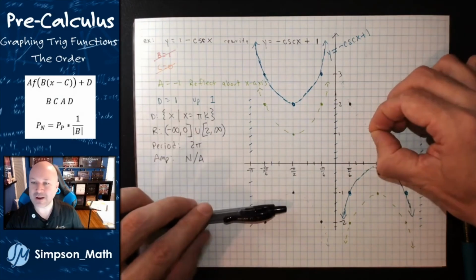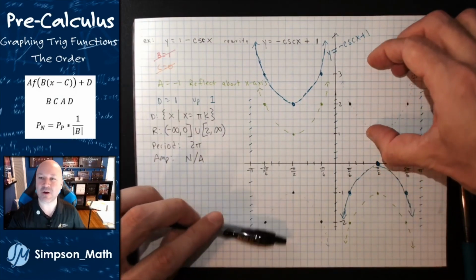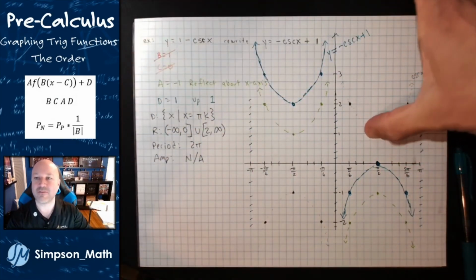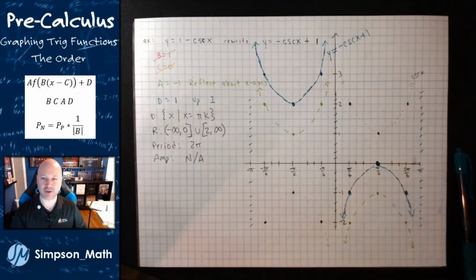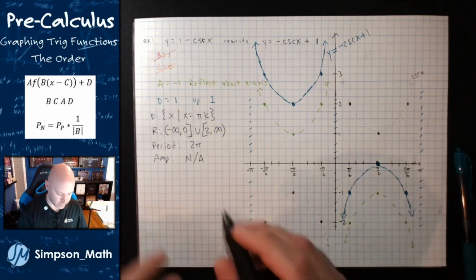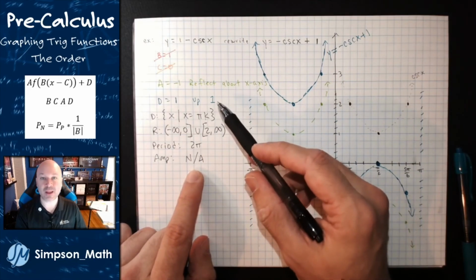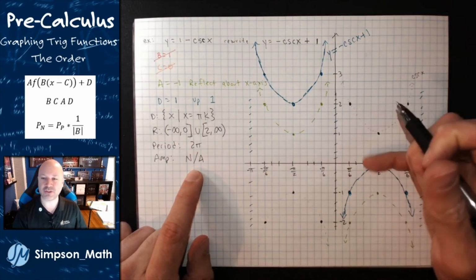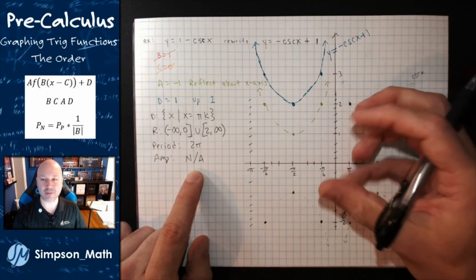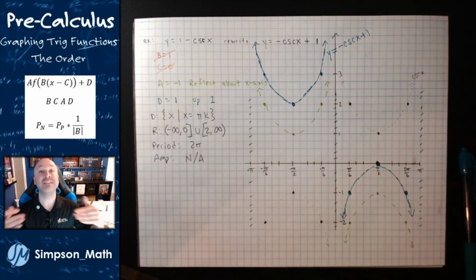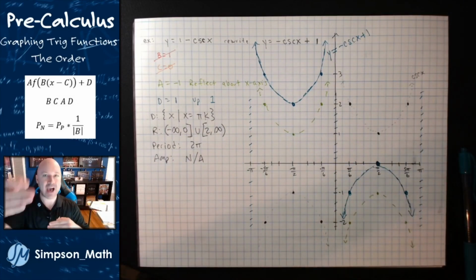So from 1, how high does this thing go? Well, it goes up forever, so there's no amplitude. But watch out for that. When you shift up or down, that 0 position is no longer the x-axis.